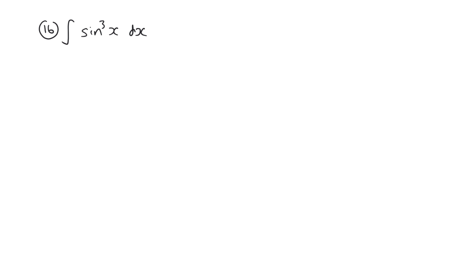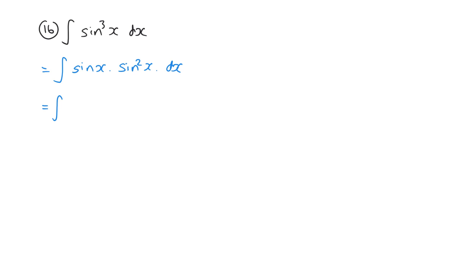Number 16 then, sine cubed x. So notice the last two that we did were sine squared and cos to the power 4. They were all even powers of sine and cos. Now these are odd powers. So these are much easier. We're going to separate that up and say, well, that's the same as sine x times sine squared x.